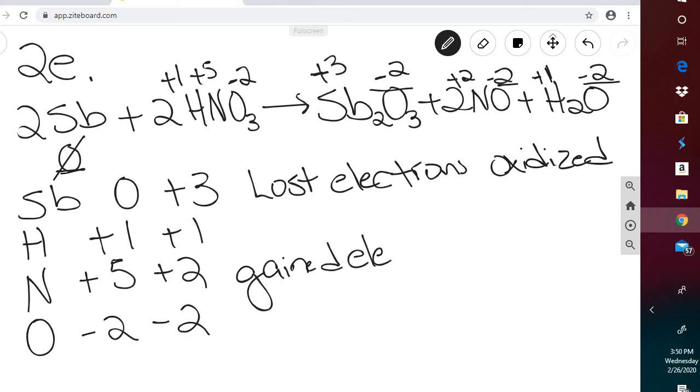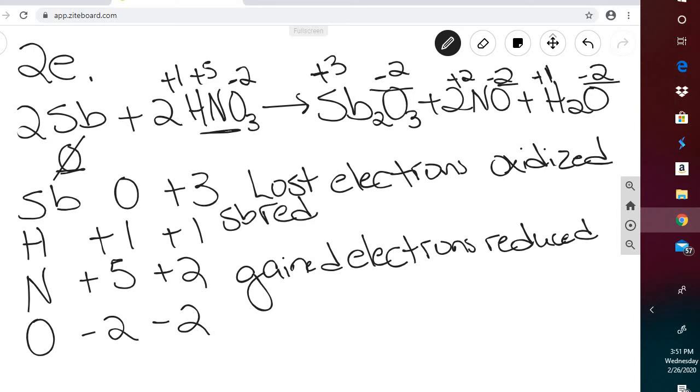So it was reduced. Okay, so the Sb was oxidized, but what allowed it to be oxidized was this. So it was oxidized, so it is the reducing agent. So Sb is the reducing agent.